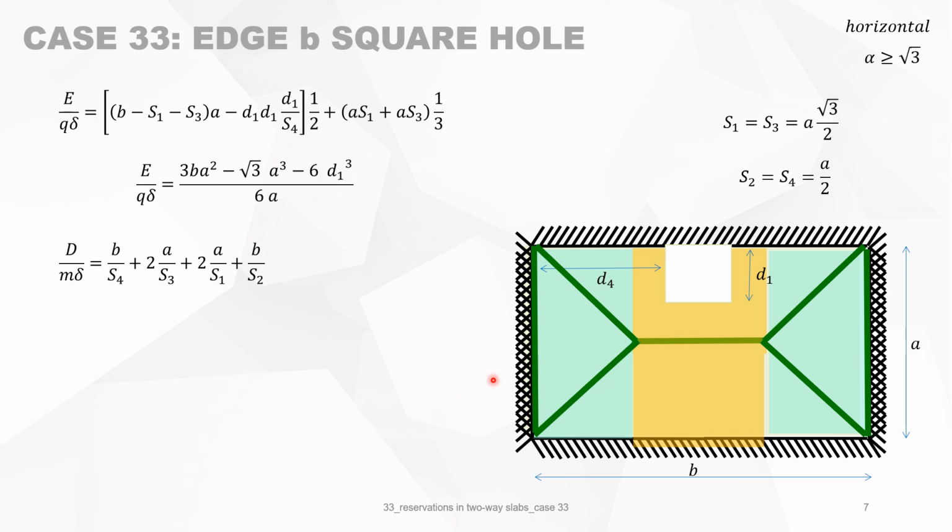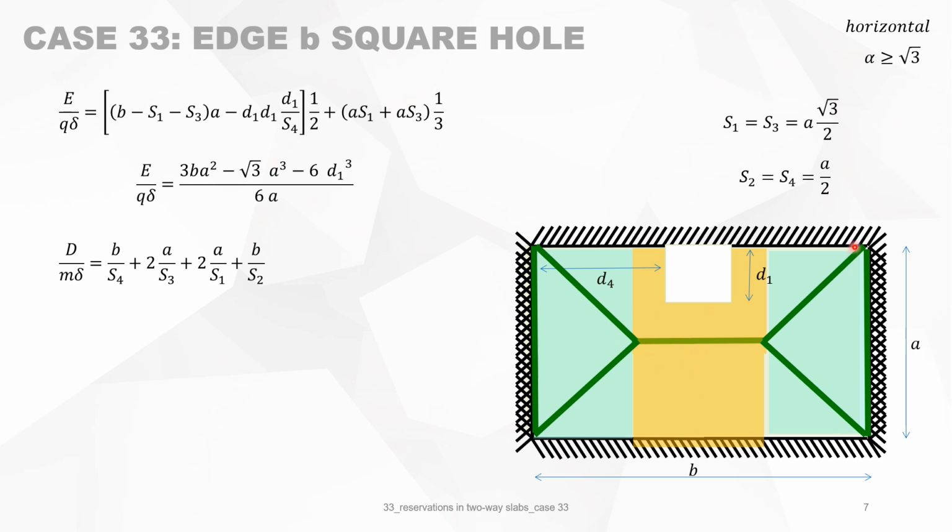The work done by the internal forces is equal to this yield line projected on this axis of rotation. It gives you B times the angle of rotation delta over S4. At the bottom we have B projected on this axis of rotation, so it's B divided by S2.